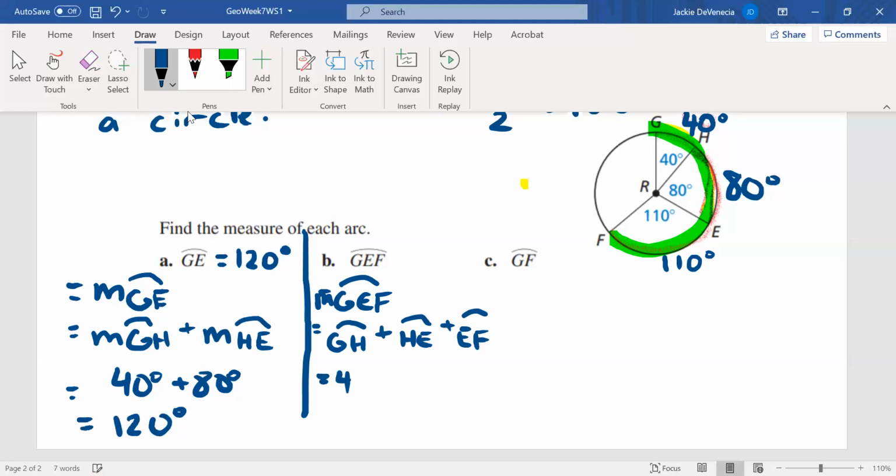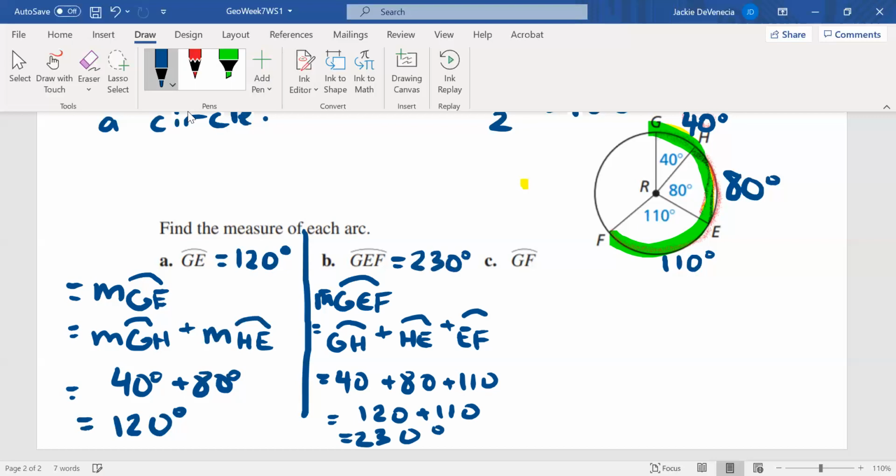So you're doing 40 plus 80 plus 110, which is 120 plus 110, and this will be 230 degrees. All right, so that's that.